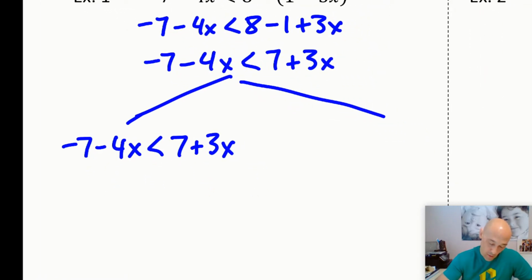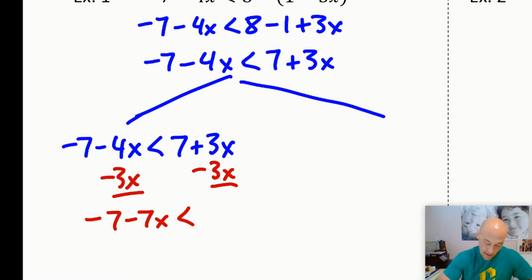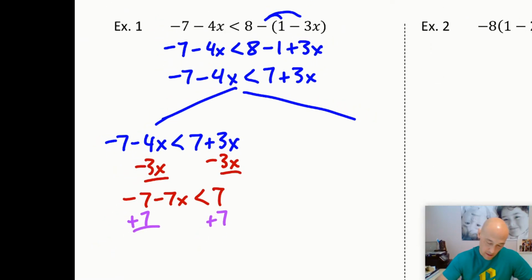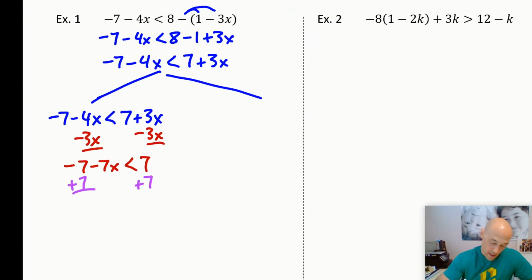So I'm going to subtract 3x from both sides, and I get negative 7 minus 7x is less than 7. Now I'm going to add 7 to both sides, and I'm going to get negative 7x is less than 14.